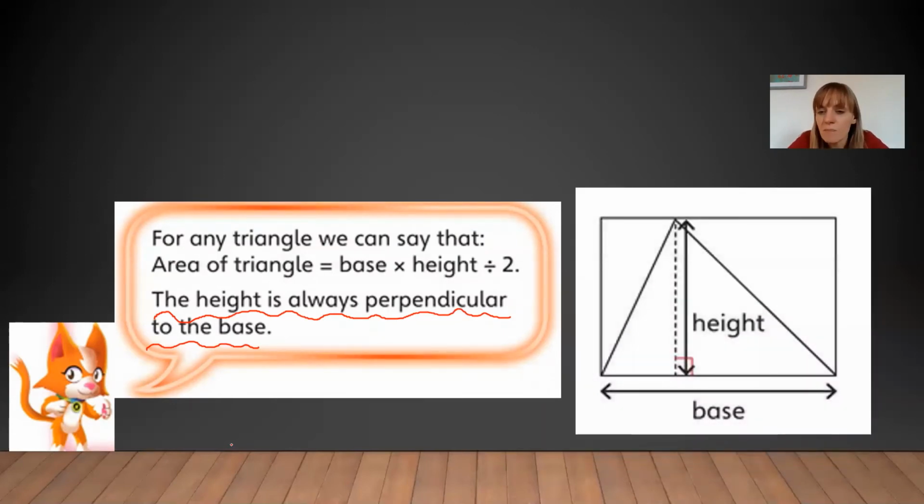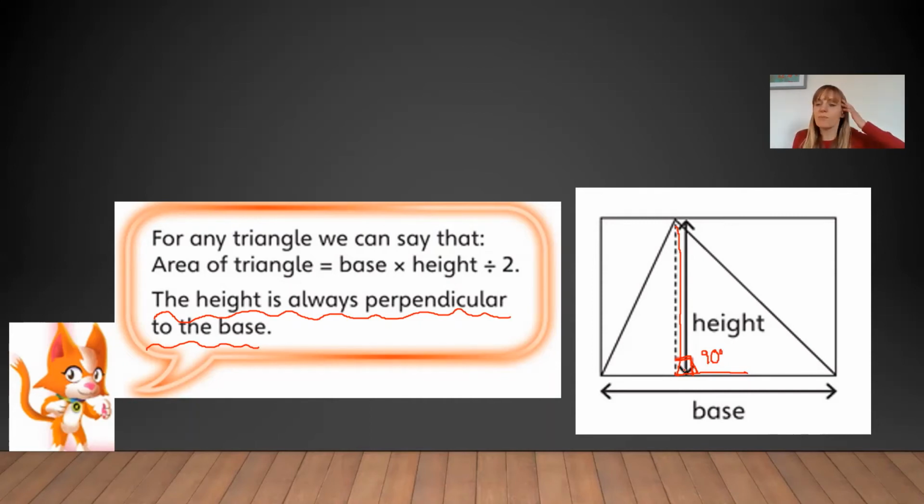Can you see we've got a triangle where we've got the base and then we've got the height. Can you see this little red square that's been drawn in just here? That shows that where this dotted height line meets the baseline, it meets at a 90-degree or right angle. And that means that those 2 lines are perpendicular.